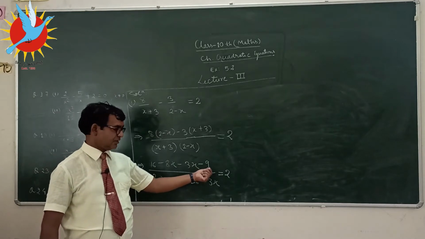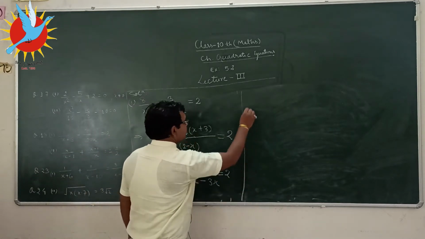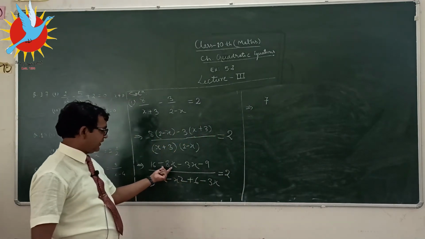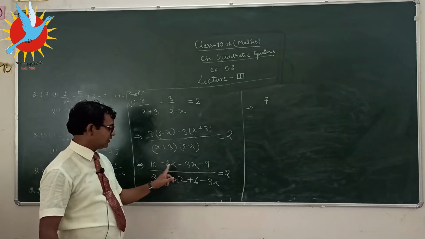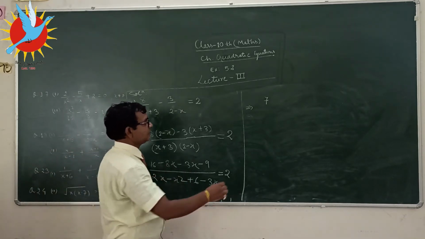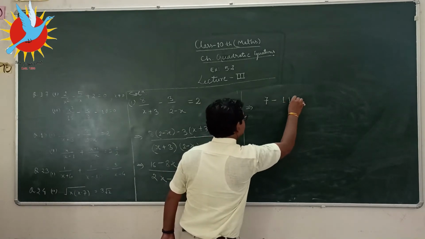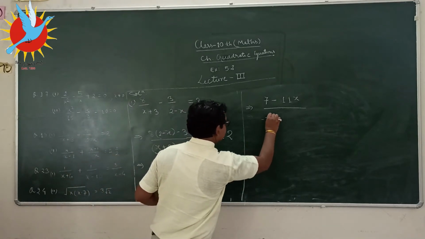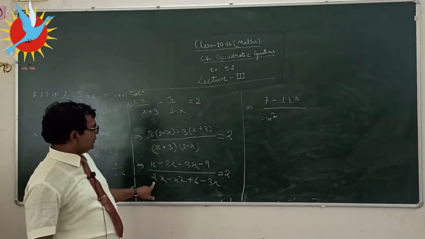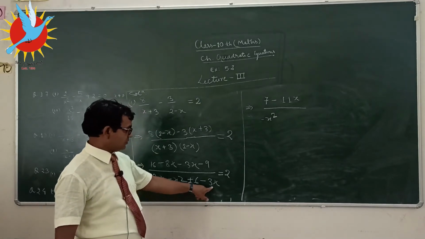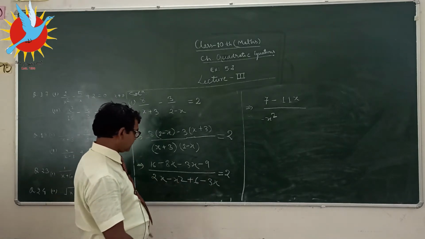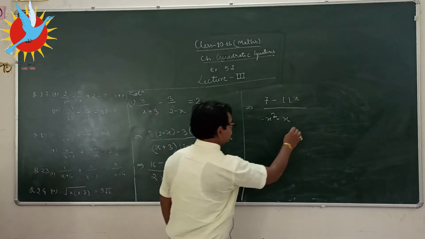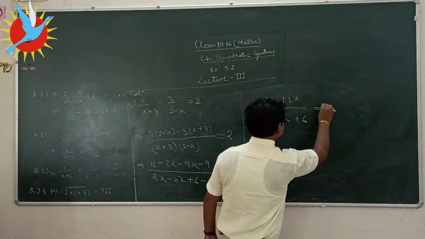Now solve this. 16 minus 9, 7, and 8x minus 3x have the same sign, so this would be added, and this will become 11x over, here we have minus x square, 2x plus sign and 3x minus sign. 2x would be subtracted from 3x, and we have minus x and plus 6 equal to 2.